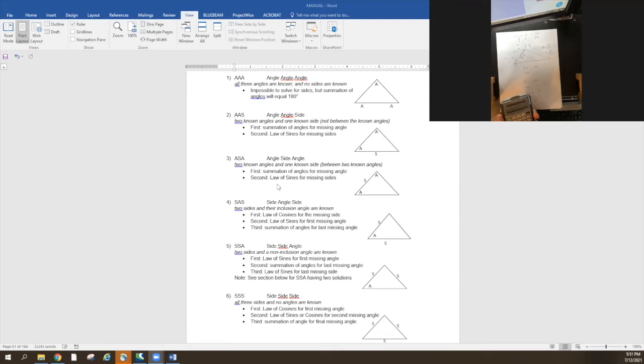Let me do that real quick. Sine of x equals 0.707. Inverse sine of that, I'm going to get my value of x, which will be my angle. And the angle is 45. X equals 45. I should have known that because these two sides are even, so it has to be 45. But yeah, that's the idea.